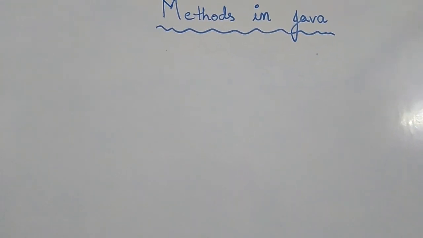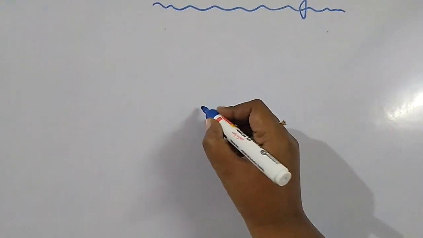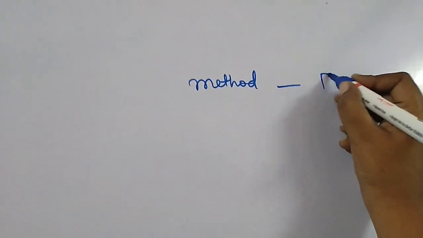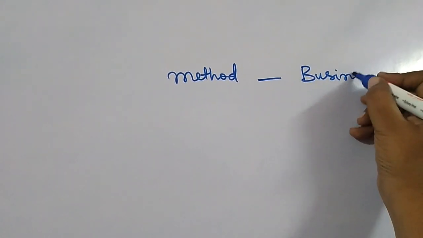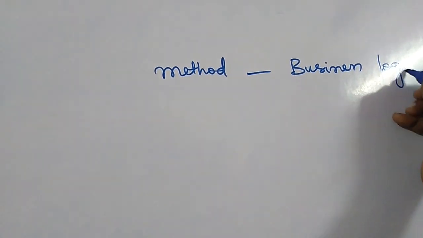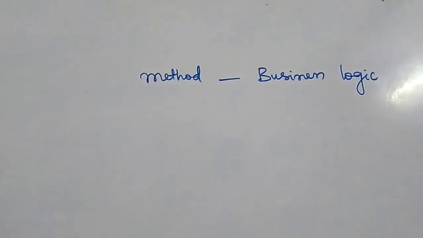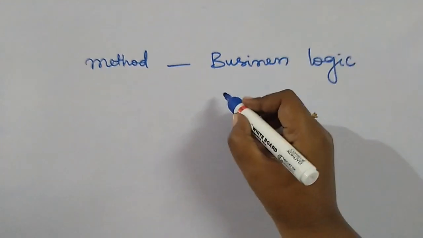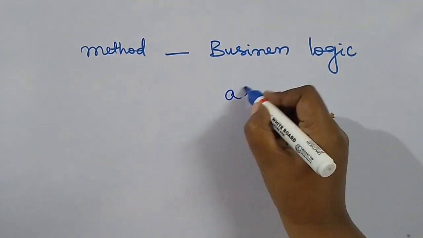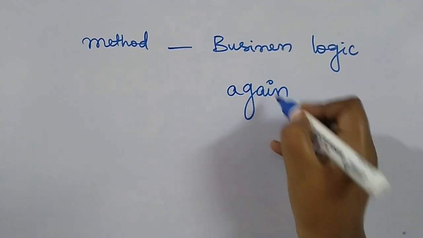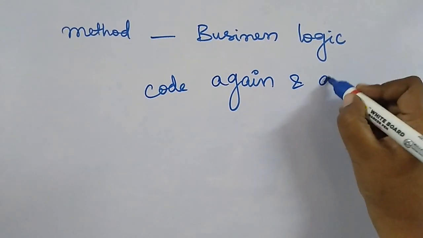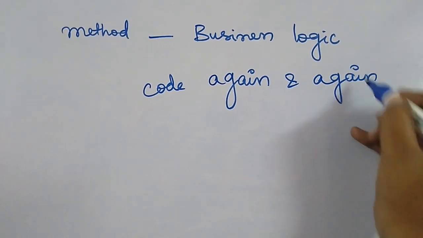So what do we write inside the methods? Inside the method we will be writing the business logic. The methods are some group of statements, or a block of statements, or piece of code that needs to be executed again and again. If you want to execute a piece of code again and again, you will put it inside a method.